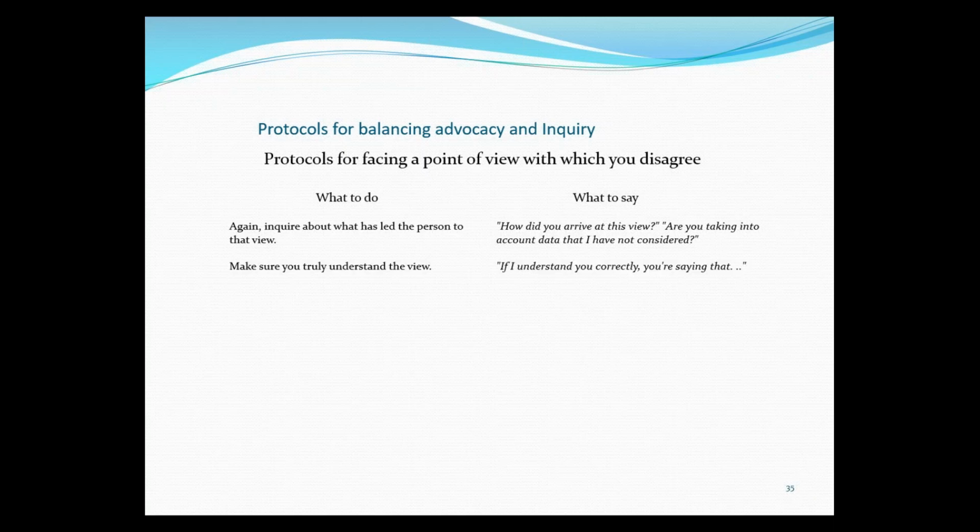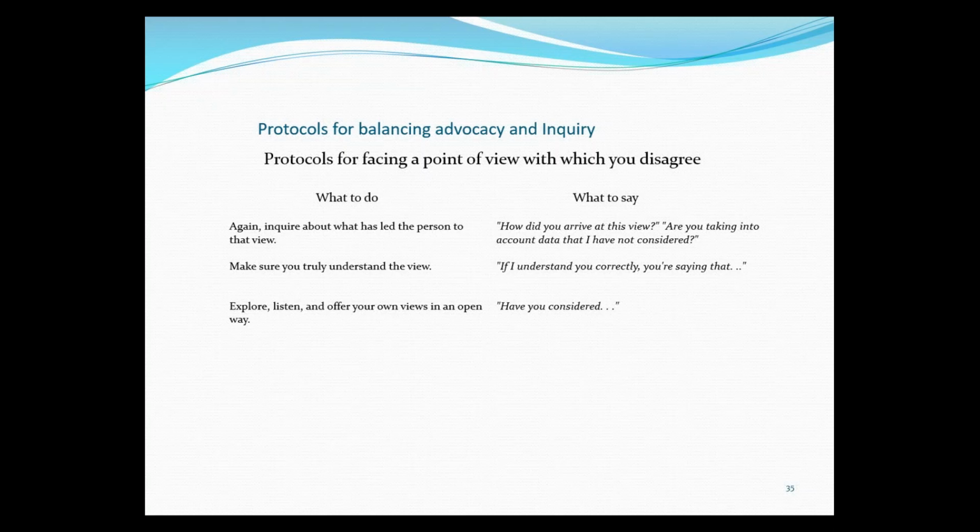How did you arrive at this view? Are you taking into account data that I have not considered? If I understand you correctly, make sure that you are hearing the other person and that the other person knows they're being heard, and do some more explanation.